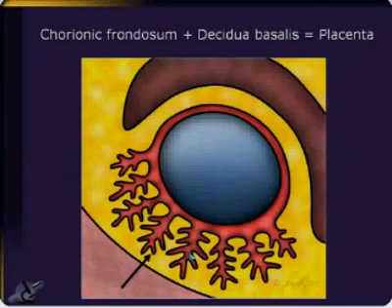And the chorionic frondosum of the embryo and the decidua basalis of the mom is where the placenta is going to form. All right, so we can really determine that quite early.